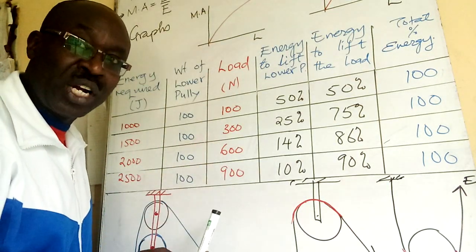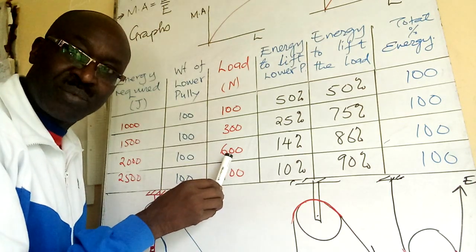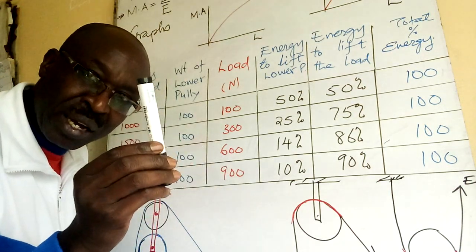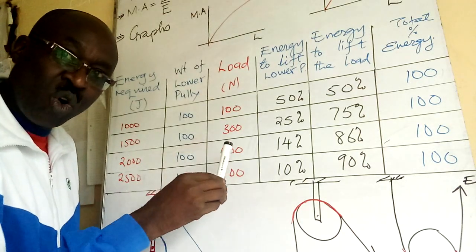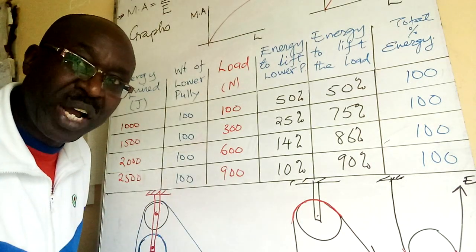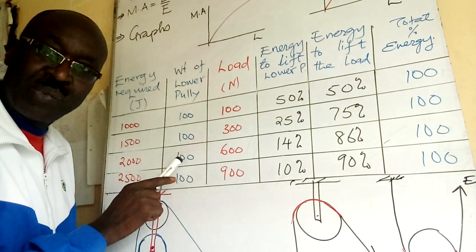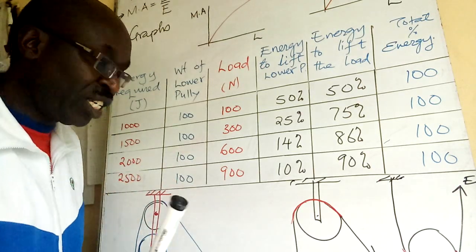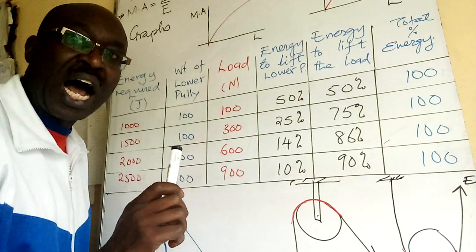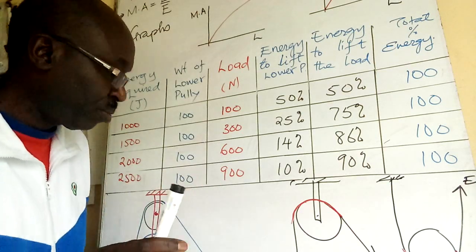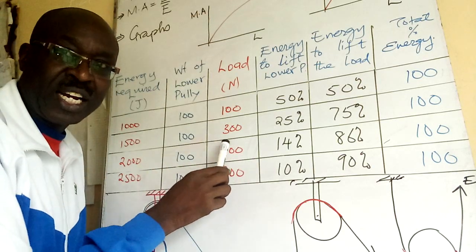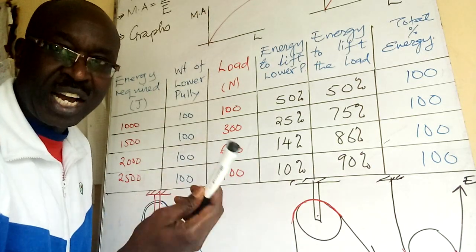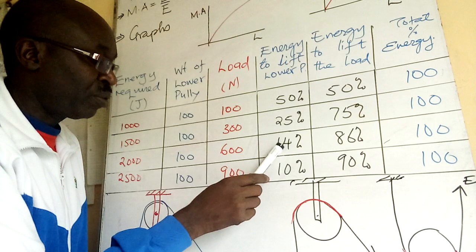Now, the load I'm dealing with is 600. But the weight of the pulley is 100. So to know what percentage of my energy goes to overcome this and what percentage goes to overcome this, I'll do simple percentage. 100 over 700 times 100, which gives you 14%.